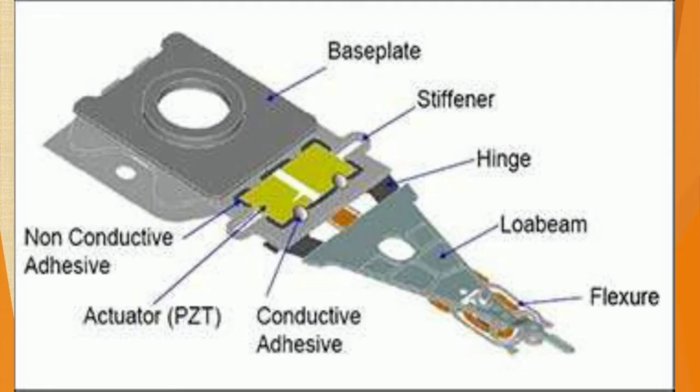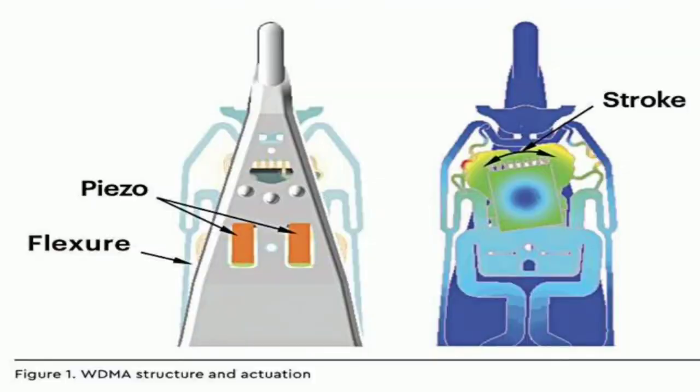This picture shows a very close view of the read-write head arm with its mechanical parts. You can see so many mechanical parts are arranged so that it works very close to the platter surface and is very flexible in its movement.